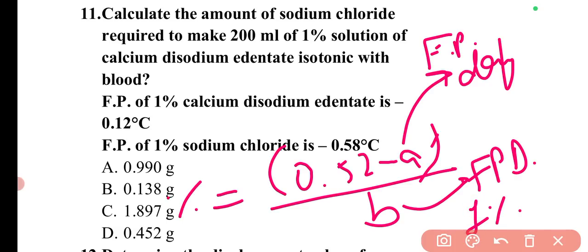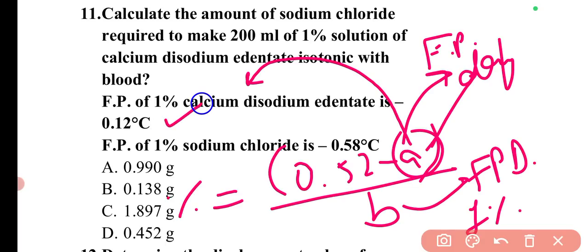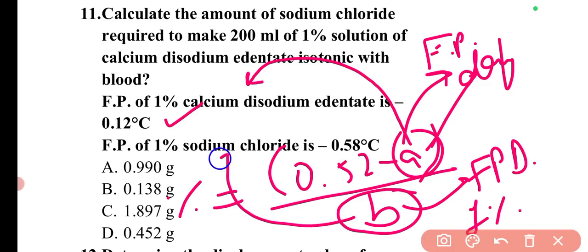So the freezing point a, that is the freezing point of the drug, calcium disodium edetate, has the value 0.12 degrees Celsius. And for b, the freezing point depression of the adjusting substance, that is sodium chloride, the freezing point is given as minus 0.58 degrees Celsius.